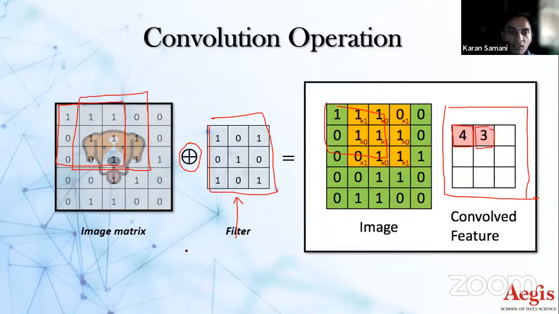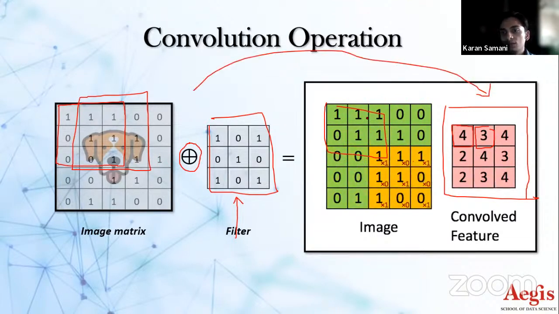Now you will see this 5 into 5 matrix is converted into 3 into 3. So the number of features is reduced, and it is easier for our machine to carry out operations on fewer features rather than operating on the 5 into 5 matrix.